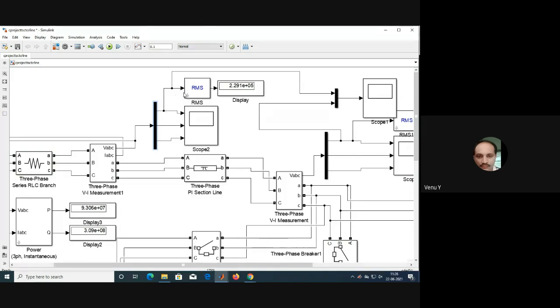And this is the RMS block in one phase, phase A, and this is the display to measure the RMS value of the phase voltage. Actually 230 kV, so we get 229 here. We'll see later that this is the display RMS block.